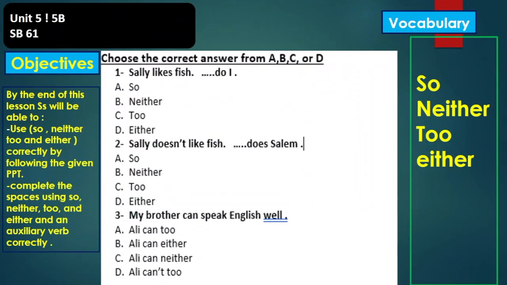Now, Sally likes fish. Yes, so do I. Sally doesn't like fish. Neither does Salim. My brother can speak English well. Ali can too.